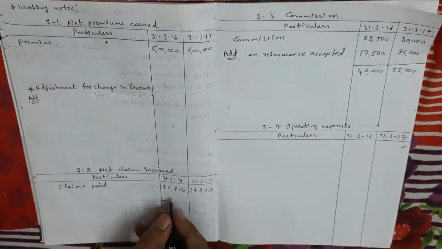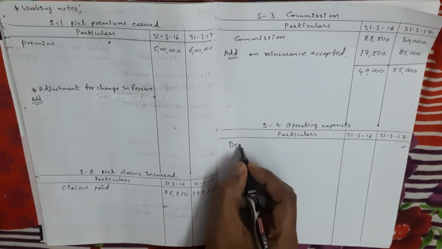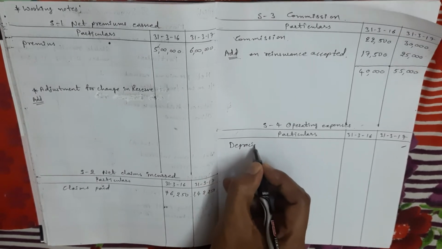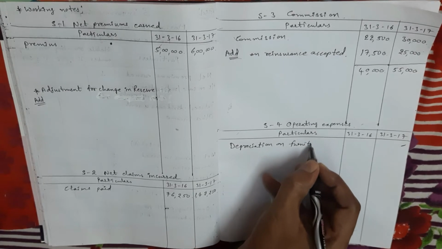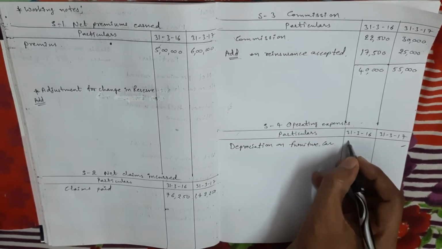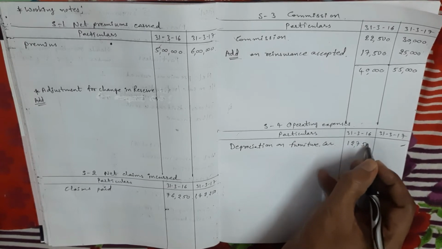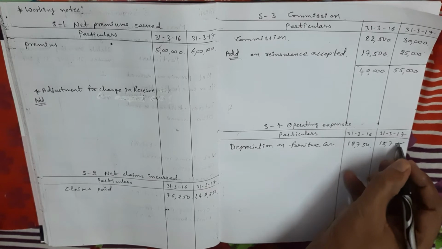Next, depreciation on furniture and car. It comes in schedule number 4, operating expenses. Last year's amount is 12,750 and present year's amount is 15,750.